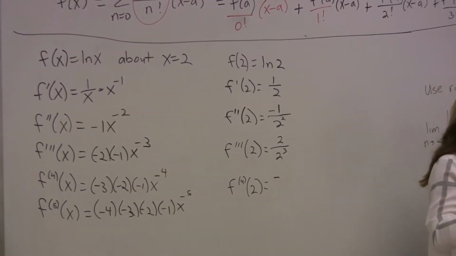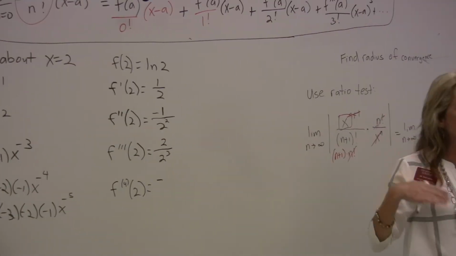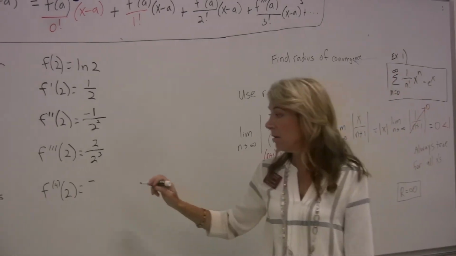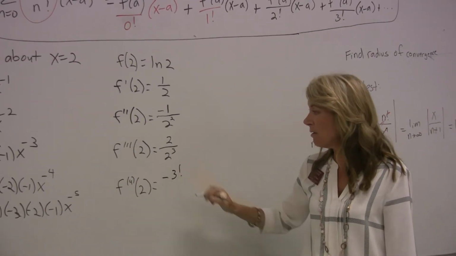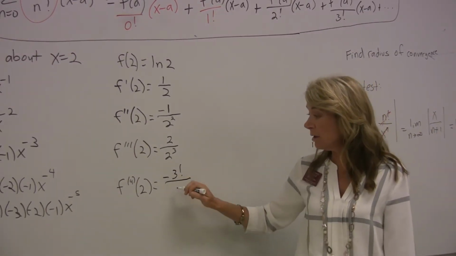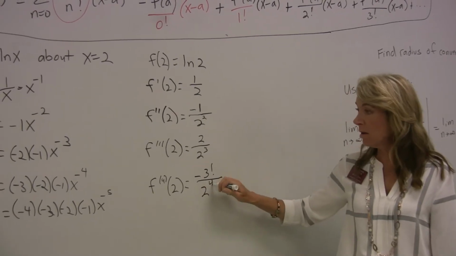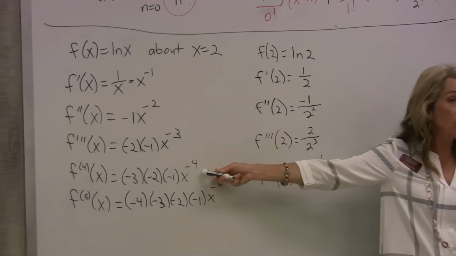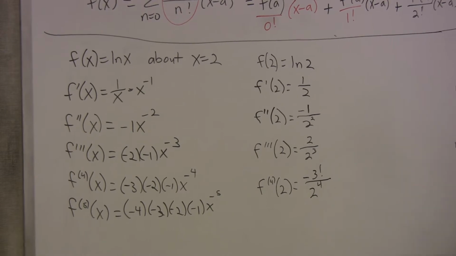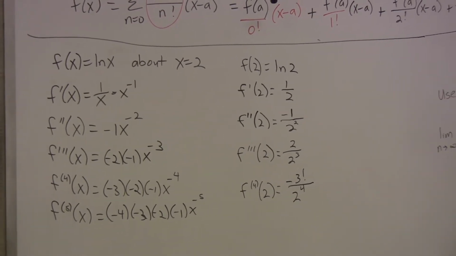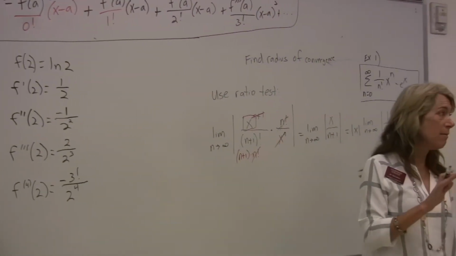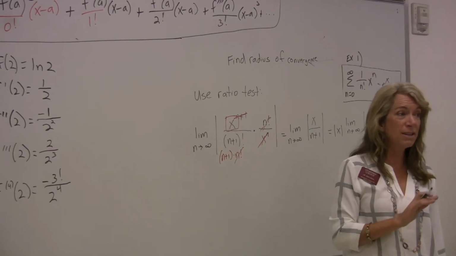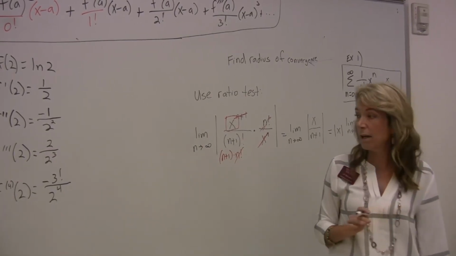It is a 6, but if we write it as a factorial, then we'll see that pattern better. So this is negative 3 factorial over 2 to the 4th. Some of you can simplify them and see the factorials. I'm fine with that, but some of us can't, so it's best to leave the factorials so you recognize them.